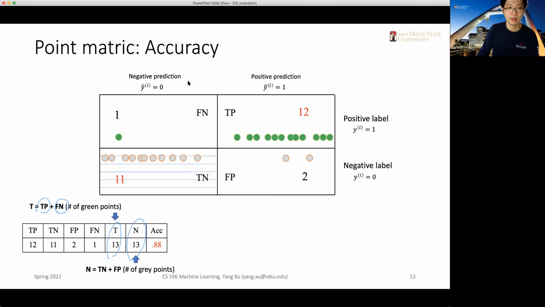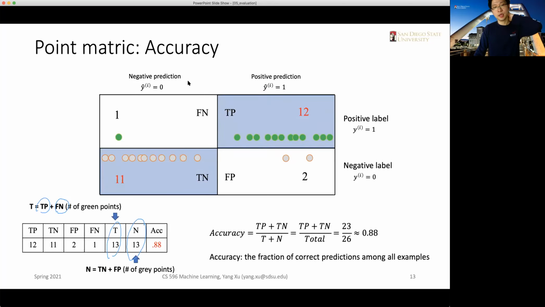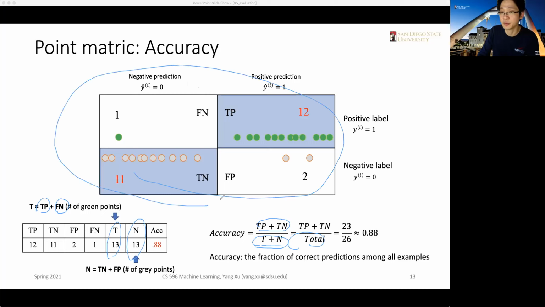So accuracy is simply the ratio of the true positives and true negatives among all data points, because P plus N is the total number of all data points, which is the number in these four regions, right?